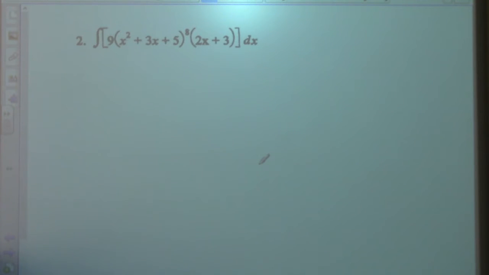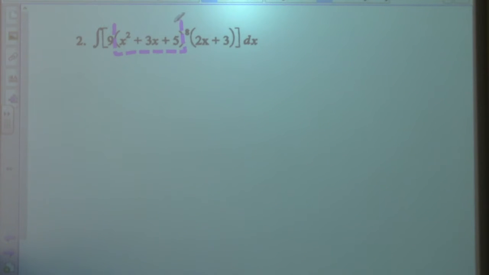And so what you're going to do for this U substitution is you take the thing that's the most complicated looking thing here. So between this trinomial and this binomial, which is the most complicated looking? The first one, right? So this is the one right here. We're going to focus on doing a U substitution on this.